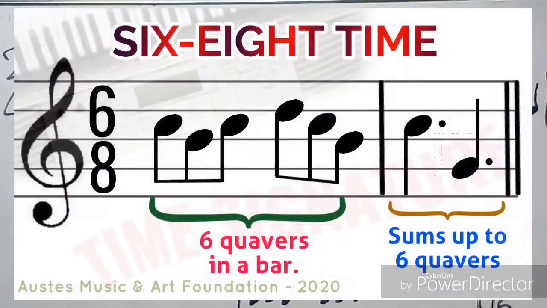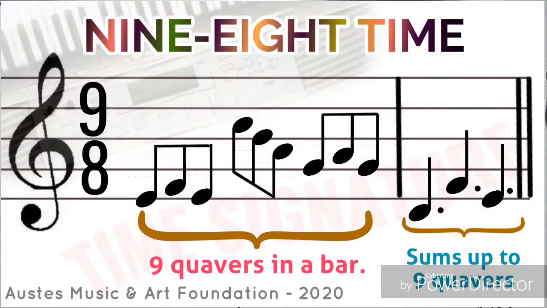Now, for the 6/4, 6/8, and 6/16, we have the beat pattern as 1, 2, 3, 4, 5, 6. For compound triple, 9/4, 9/8, and 9/16, you have 1, 2, 3, 4, 5, 6, 7, 8, 9.